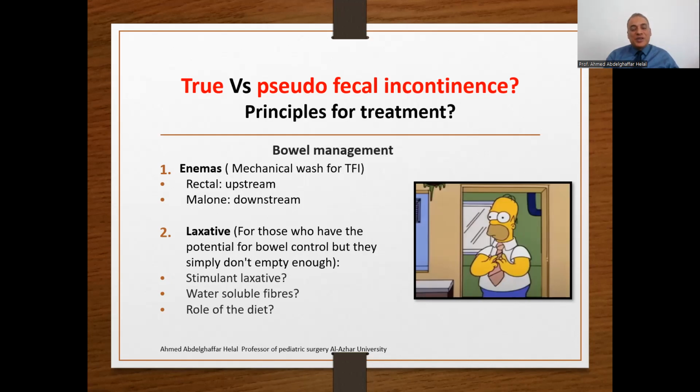So stimulant laxative, not stool softener. Stool softener will make the stool softer and will lead to more accidents and more soiling. So for those children who have the potential for bowel control, but they simply don't empty enough, you can prescribe the stimulant laxative, not stool softener.